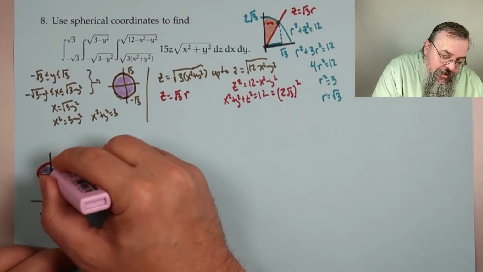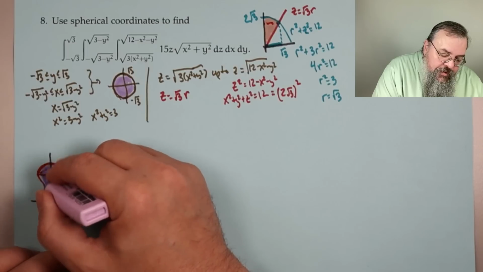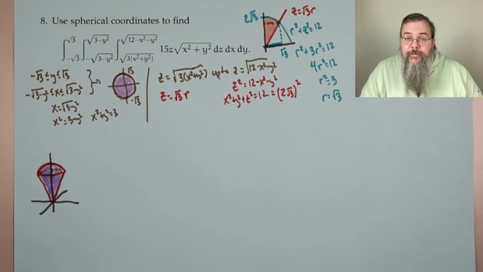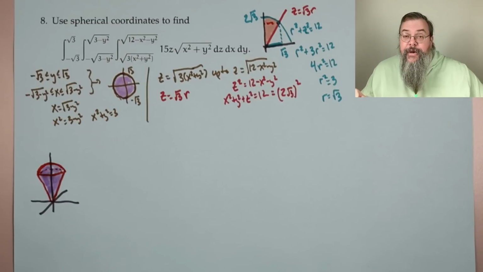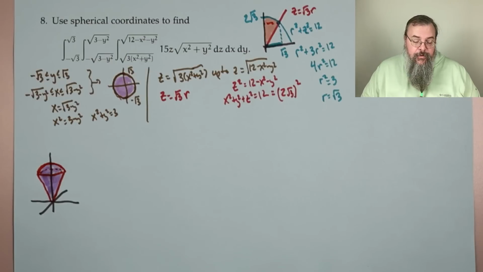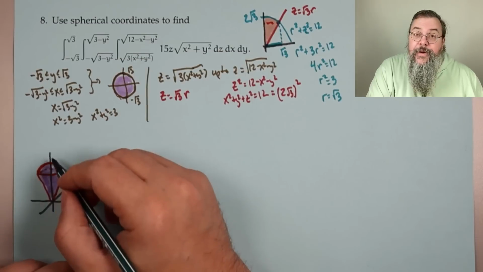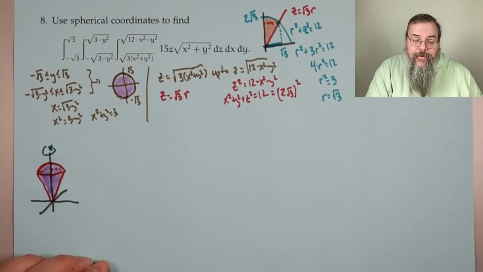Now that we understand our region that we're integrating over, we can make progress in working on our spherical coordinates. Okay. So, with that part out of the way, now let's start working on the rest of it. Well, we need to describe this in terms of cylindrical coordinates. Sorry, spherical coordinates. We spin around, full symmetry.